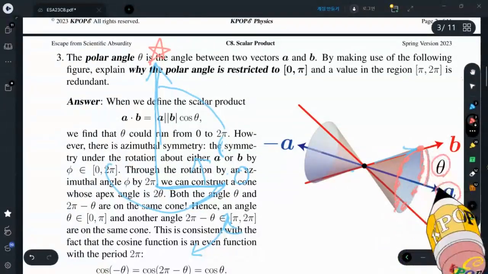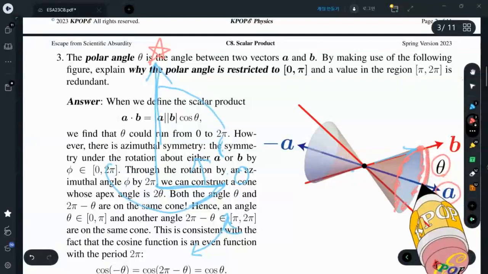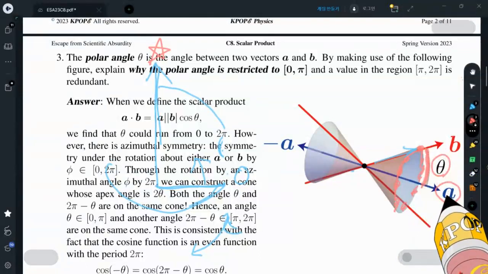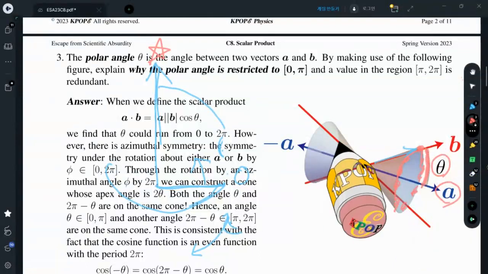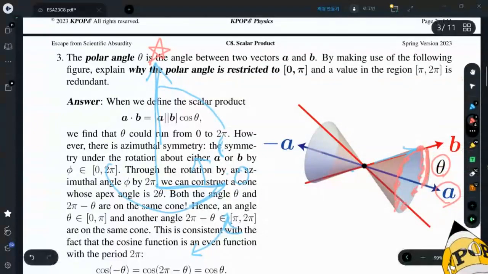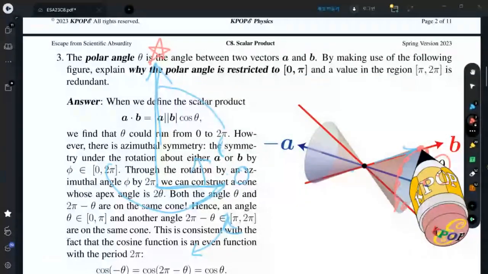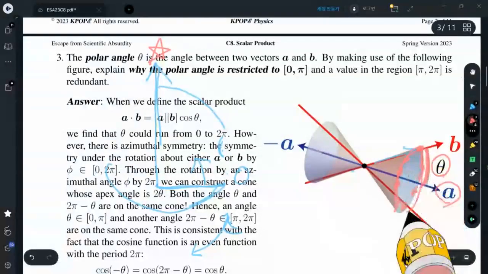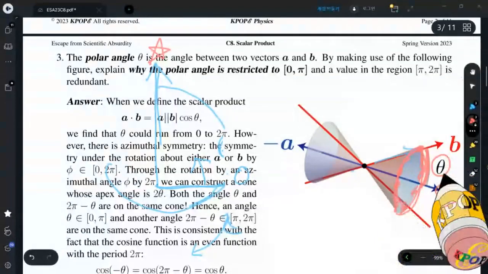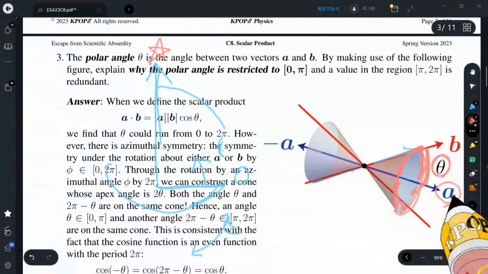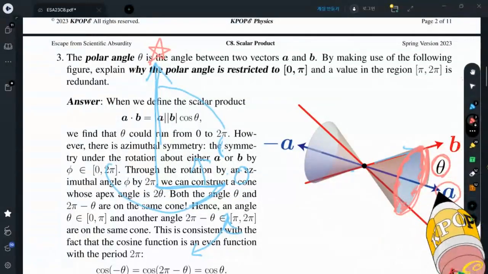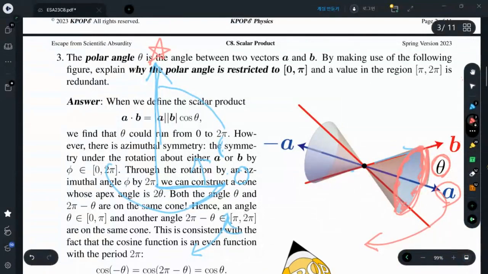Okay, so even though I have a polar angle between the 2 vectors, in 3-dimensional geometry, there are variable ways to reproduce the angle between A and B. So this freedom is called the azimuthal angle.